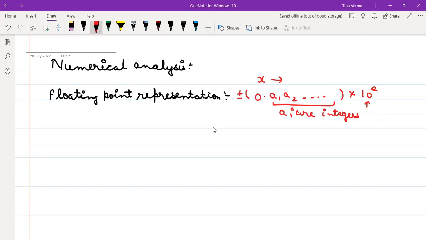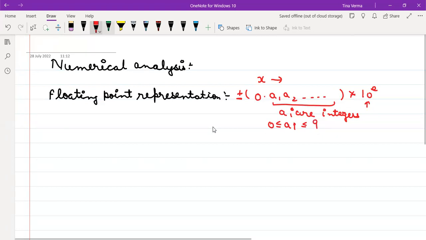Since ai's are integers, what will be the range of ai? It will lie between 0 to 9.